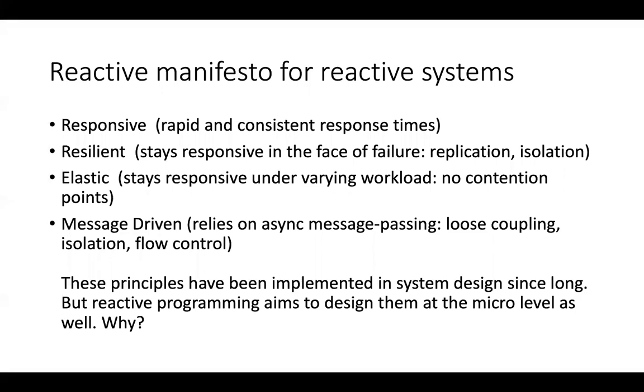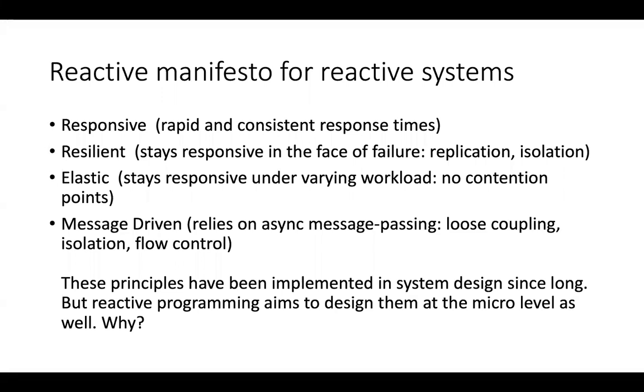So the ideas are the same, but what reactive programming tries to do is that instead of being limited to these things on the broader system level, it tries to incorporate those in the code level as well, in the individual modules or the individual classes or methods. There also these things apply. So you can understand this in a way.